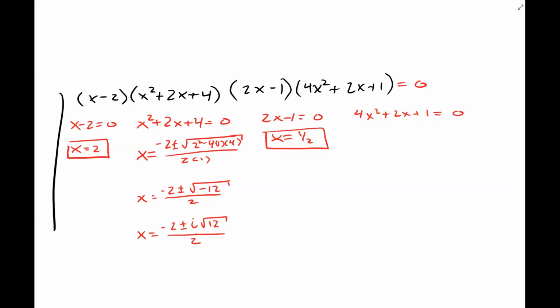We can do a bit better than this, because we can simplify the square root of 12. Remember that 12 is 4 times 3. Everybody's okay with that? So the square root of 12 is the square root of 4 times the square root of 3. And the square root of 4 is just 2. So I can simplify the square root of 12 to be 2 square root 3.